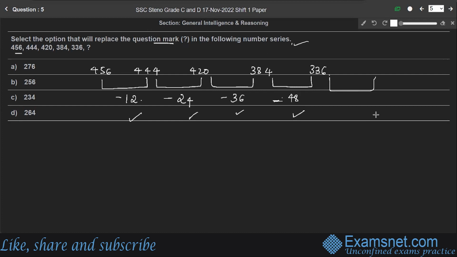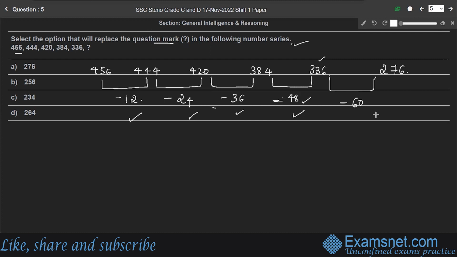These differences are multiples of 12: 12 into 1, 12 into 2, 12 into 3, 12 into 4 is 48, 12 into 5 is 60. Therefore, 60 should be subtracted from the fifth number 336. So 336 minus 60 is equal to 276.